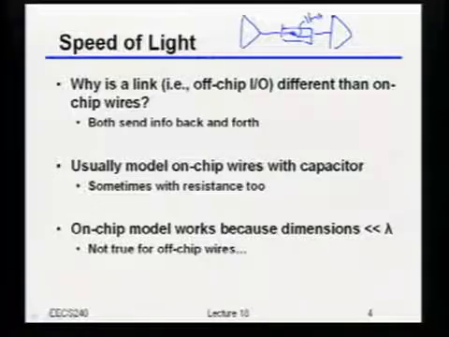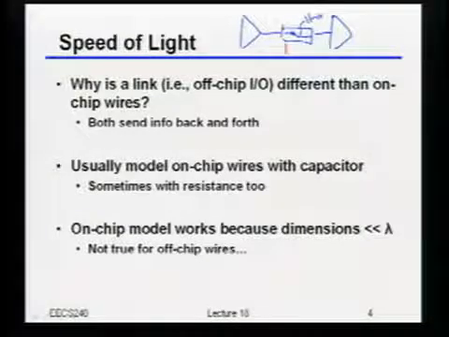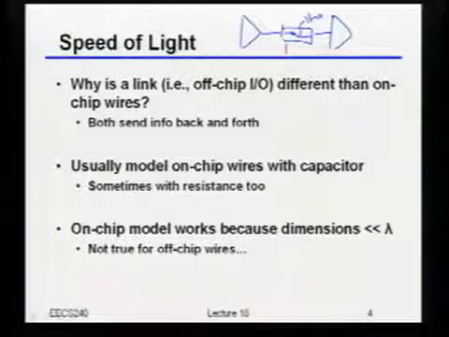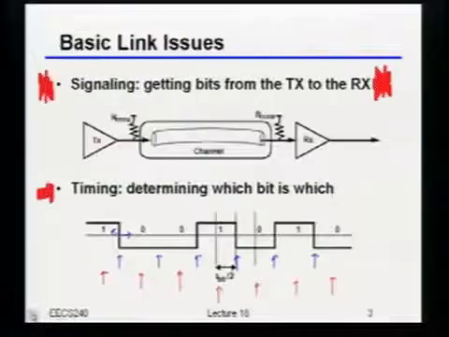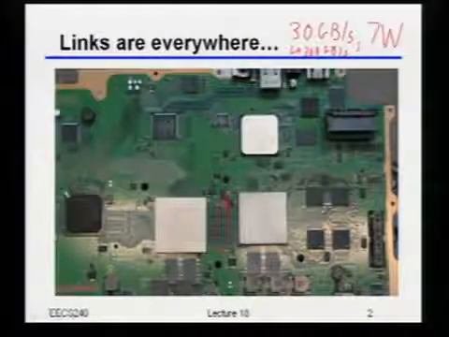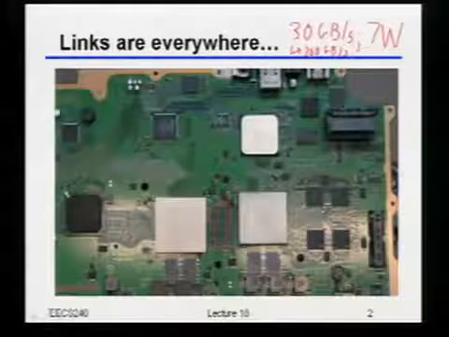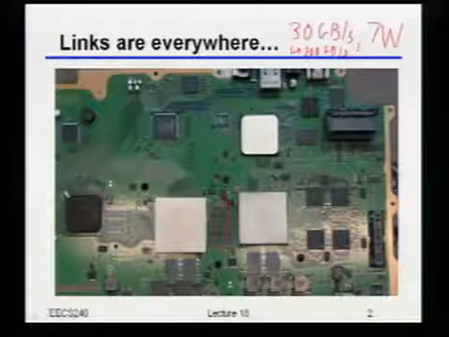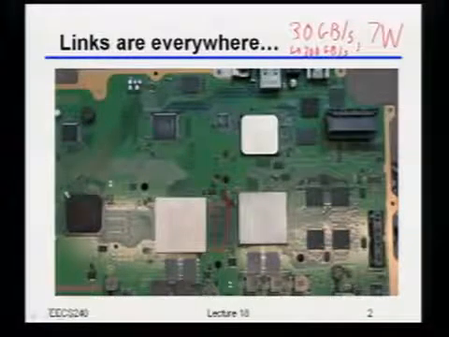And the reason for that is pretty simple, right? When we're talking about stuff on-chip, the dimensions of those wires are generally pretty small in comparison to the wavelengths of the frequencies we're interested in. Whereas when we talk about things on, let's say, a PCB, even if this is only a few inches, relative to the multiple gigahertz of frequency we're talking about, this is actually a pretty substantial fraction of the wavelength, okay?